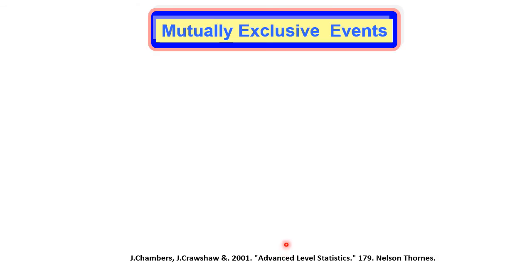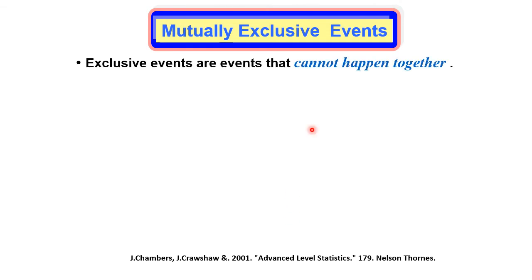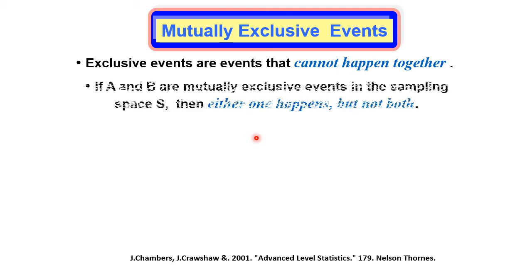Okay, next. So after we discuss union and intersection, so we'll take a look. What is a mutually exclusive event? So mutually exclusive event is actually two events that cannot happen together. So it can be either one but not both. So that's the meaning of mutually exclusive event.